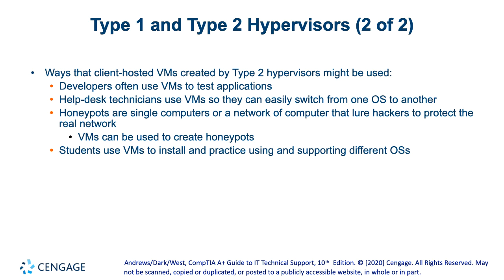It's also okay for creating honeypots that are designed to lure hackers into attacking a useless system so as to learn of their presence and help defeat them. Then, of course, there is how we will use the Type 2 hypervisors, so that as students, you are able to gain the ability to install and practice supporting different operating systems.